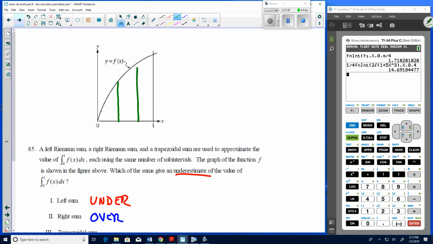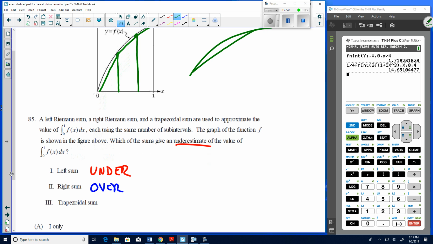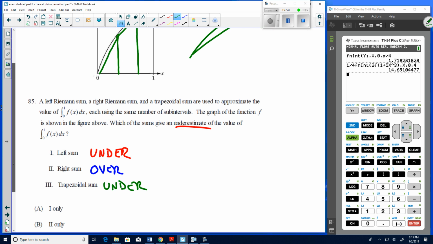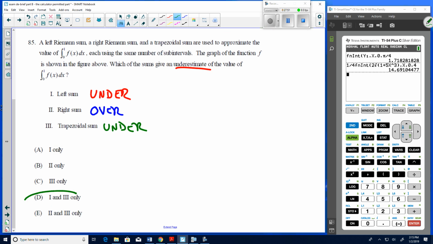We're just connecting these like this, right? And that goes there, it connects, and that goes there. And again, just by the fact that the curve is concave down, when you draw a trapezoid, that's going to underestimate it. So that's also an underestimation. So the answer is 1 and 3. 1 and 3, only choice D.